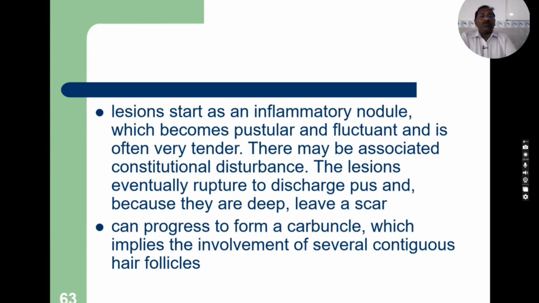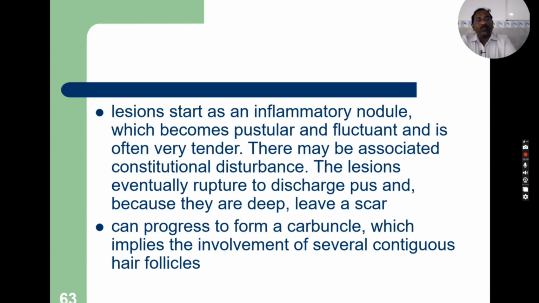They start as an inflammatory nodule. They become pustular and fluctuant and are often tender, associated with constitutional disturbance. They rupture to discharge the pus, and they are very deep, and they leave a scar after healing.